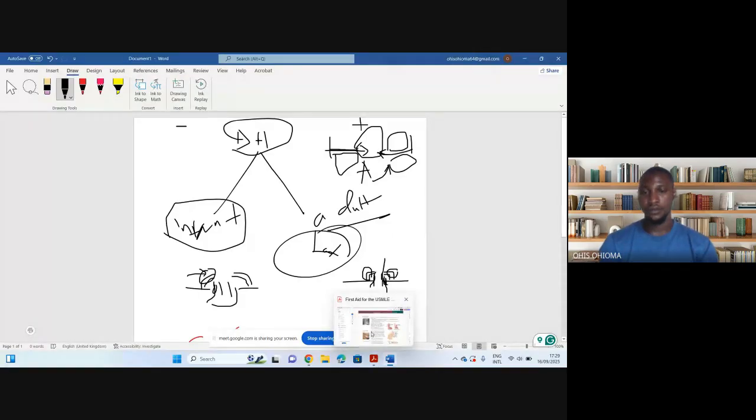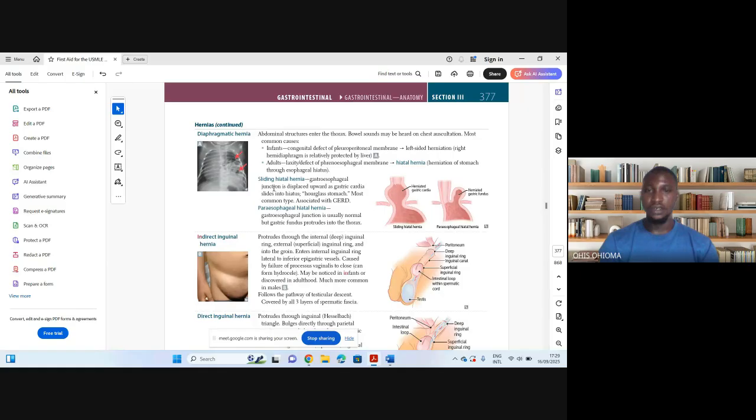Now, we have two types of the adult form: the sliding hernia and the paraesophageal hernia. In the sliding type, there's a laxity in the ligament here, so the esophagus can be pulled up and the gastric cardia can also be pulled up alongside it.